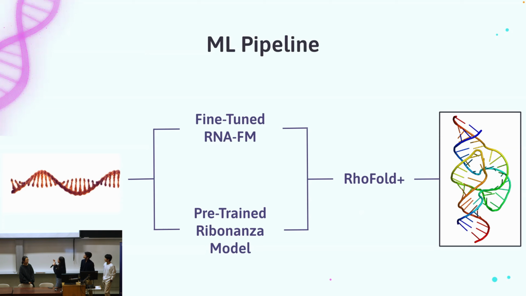The two middle components plus RhoFold help to predict a secondary structure. Secondary structure is where you have your base pairing information, but you don't actually have a 3D structure. You have the location, but not the actual 3D structure.